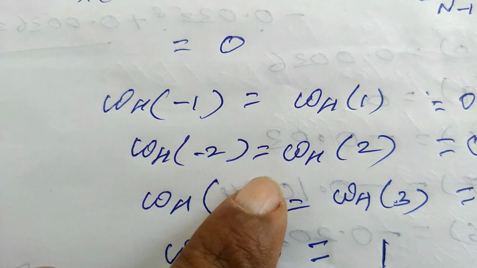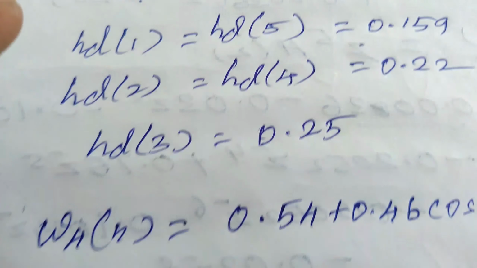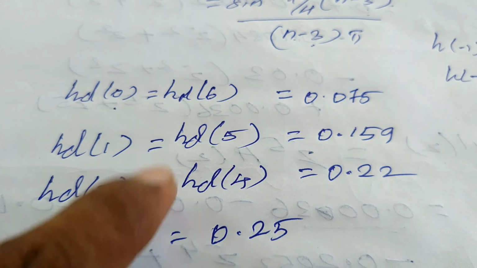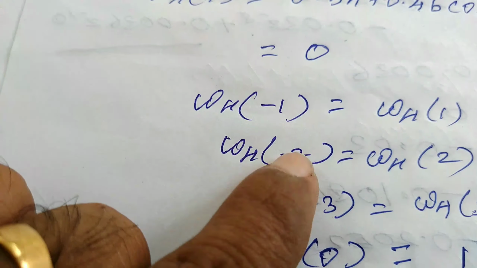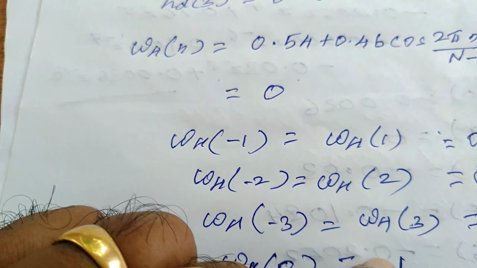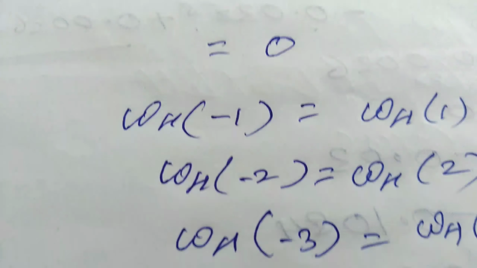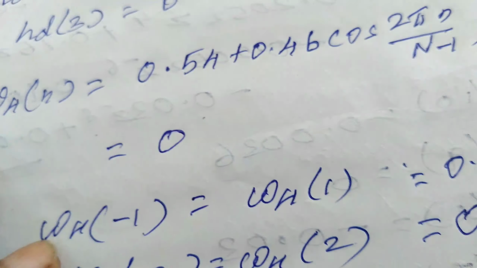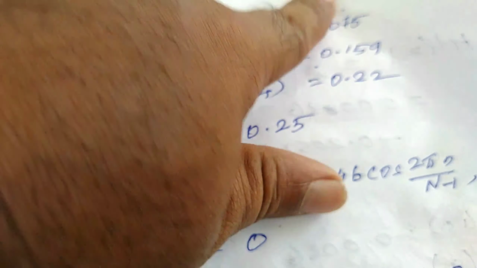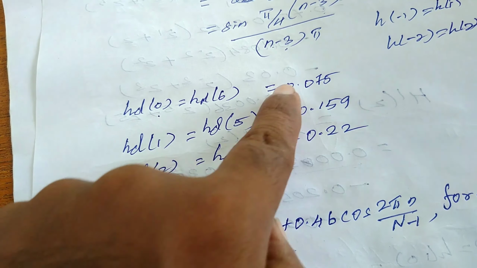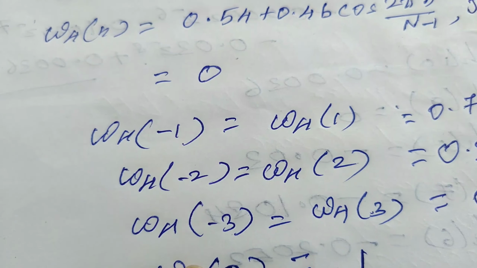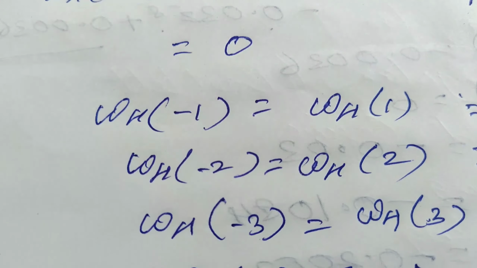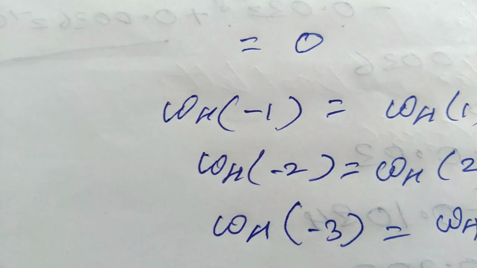Actually here we have a non-causal sequence, but hd of 0 and the others are a causal sequence. That means everything there is positive, but here you have negative as well as positive values. So now we have to make this non-causal sequence causal. Since it is a delayed sequence, we have to shift these wh coefficients by 3 positions.